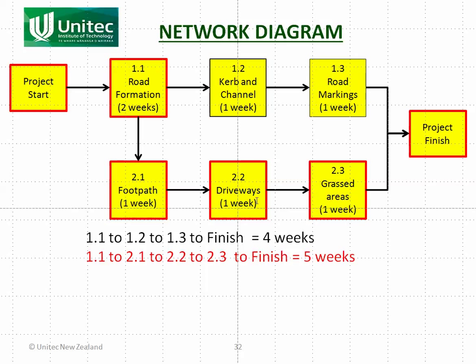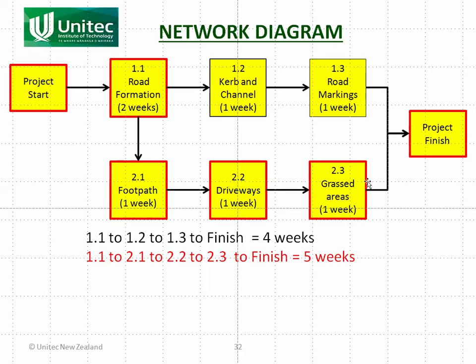Now remember, these activities here, 2.1, 2.2, 2.3, can happen at the same time as 1.2 and 1.3. So you could have 2 crews working on it, one crew doing this and the other crew doing that. The crew doing 1.2 and 1.3 could be delayed by a week and the project finish would still be the same.